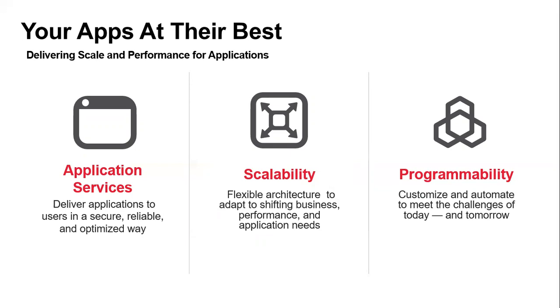And in terms of scalability, there's a flexible architecture to adapt to shifting business, performance and application needs. And F5 also ensures that manual setup can be automated. And I will discuss these three functionalities ahead.